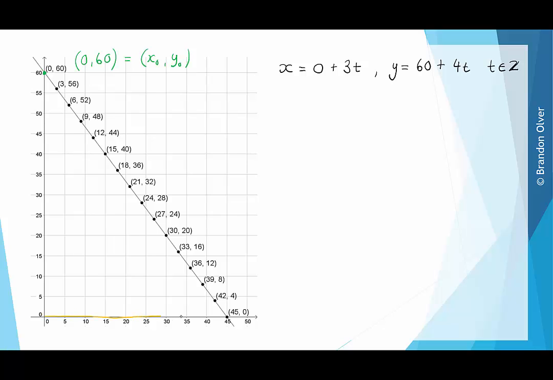So hopefully down here you can see that if we look at the x, and if t is equal to 0, we get y equal to 60, which is the green point marked up the top. And then we can let 3t go all the way up to equaling 45, which means we can go for t equaling 0 through 1, 2, and then all the way up to 14 and 15.